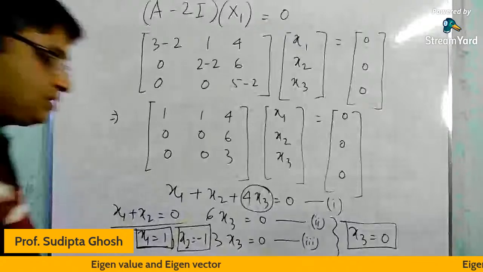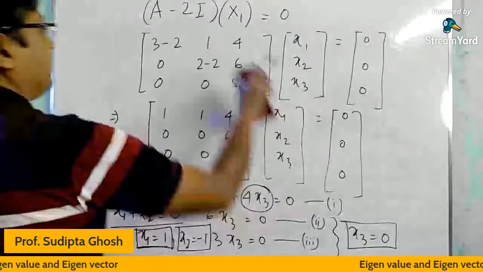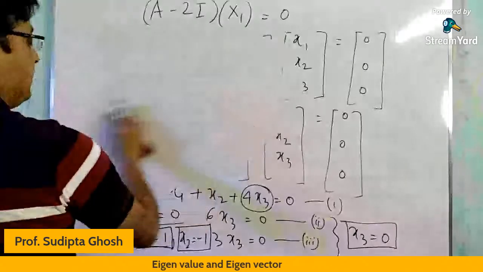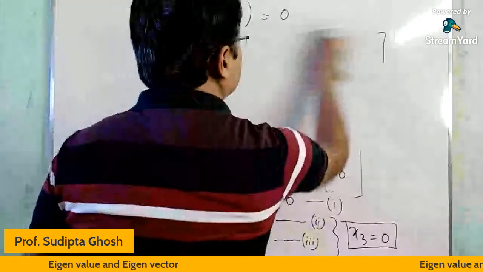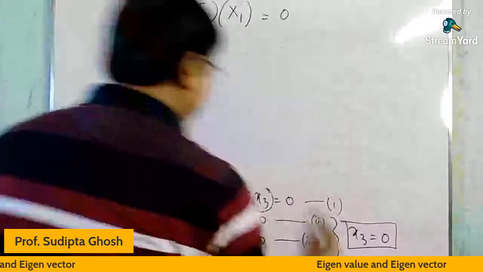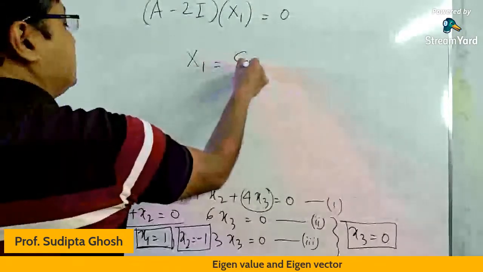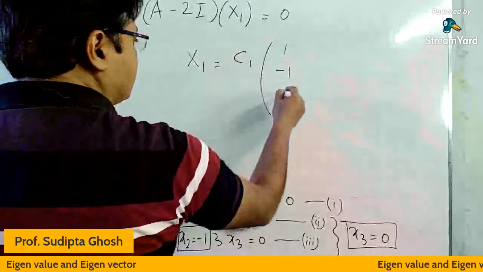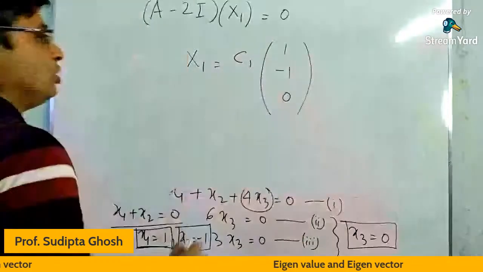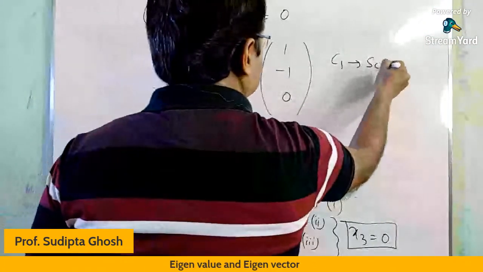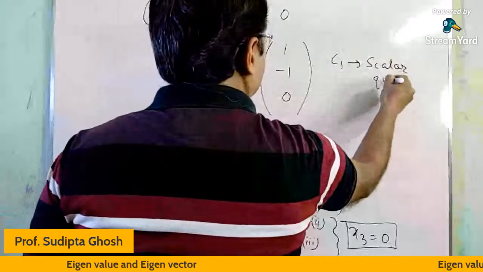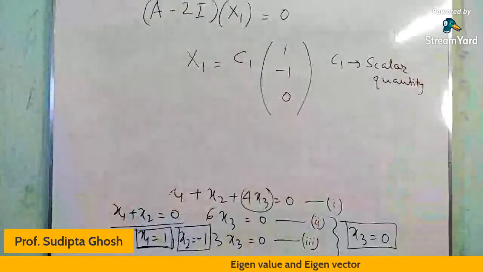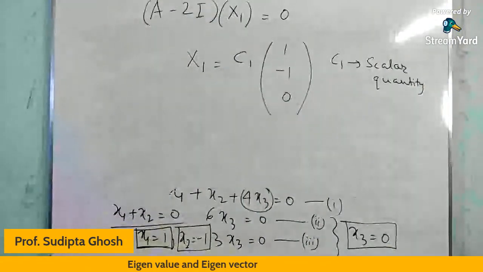And so the eigenvector corresponding to the eigenvalue lambda 1, that is corresponding to the eigenvalue 2, is written as capital X1 equals some constant C1 times 1, -1, 0, where C1 is a scalar quantity, just a value.